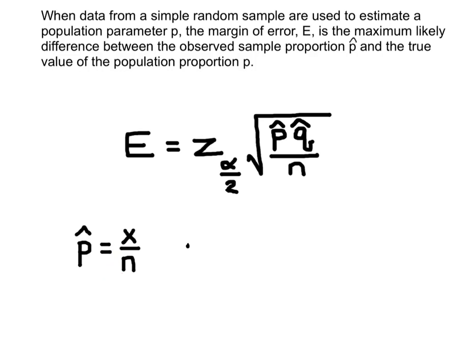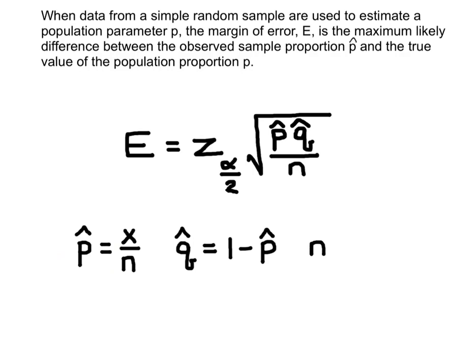And then q hat, of course, that would be the number of males, but an easy way to find q hat is 1 minus p hat. So we can find p hat and q hat fairly easily if we know what x is and our sample size. And of course the last bit of information for this calculation we need is n, and that's our sample size.